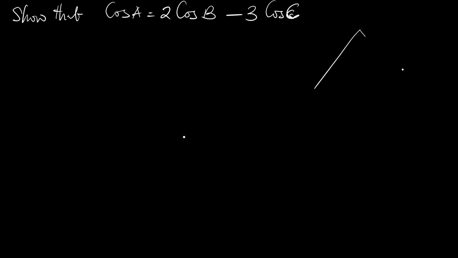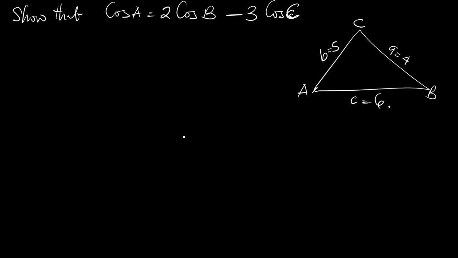In a triangle, you have A, B, C. Now side a is equal to 4, side b is equal to 5, and side c is equal to 6. First we are going to look for cos B, using the cosine rule.